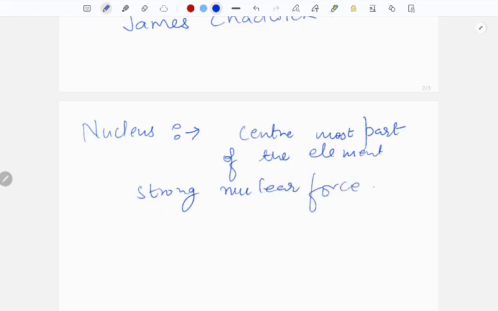So you should know about these basic things. And what should be the charge on the nucleus? Definitely positive charge. Why? Because in the nucleus, protons and neutrons both are present. Protons are positive and neutrons carry no charge. So the charge will be positive here.